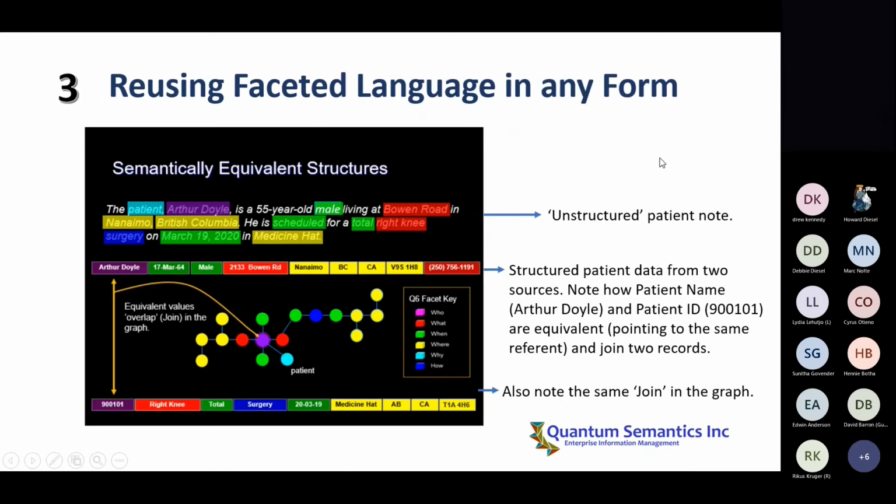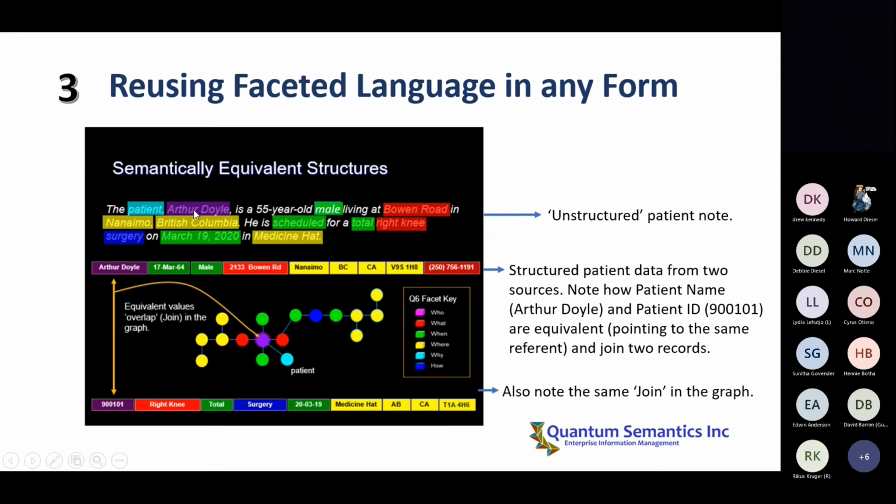In the reuse arena, this actually came up fairly early in my Houston engagement. I also worked for one of the local health authorities. Mark will recognize Alberta Health Services as the provincial equivalent of a state health management or health delivery organization.